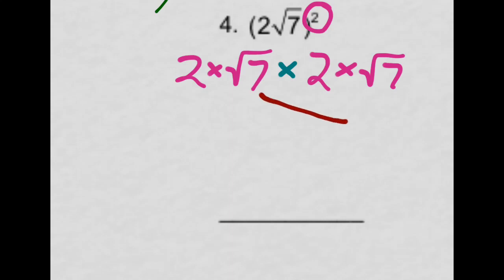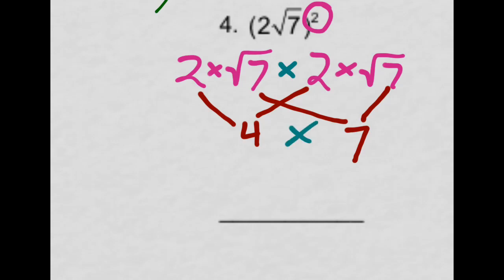Well, what's the square root of anything times the square root of itself? It's just that number, right? So the square root of 7 times the square root of 7 is 7. And then 2 times 2, well, we know that one. That's 4. So now I have 4 times 7 equals 28. There you go.